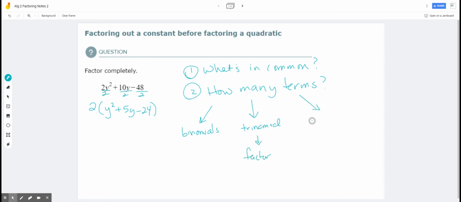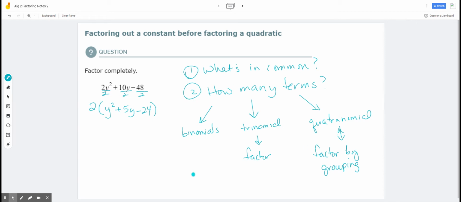If it is a quadranomial, you're going to try factor by grouping. I actually have a really nice flow chart that I'll try to remember.